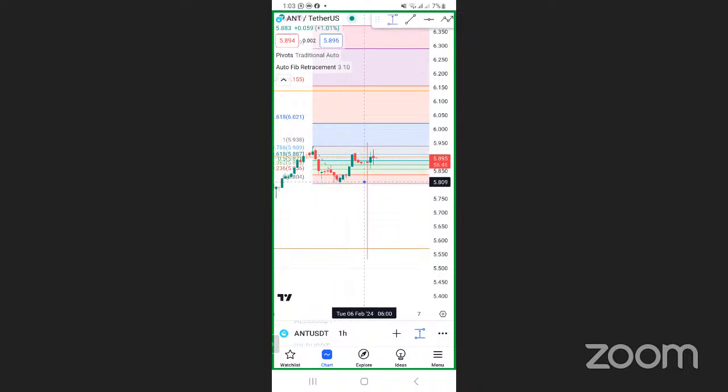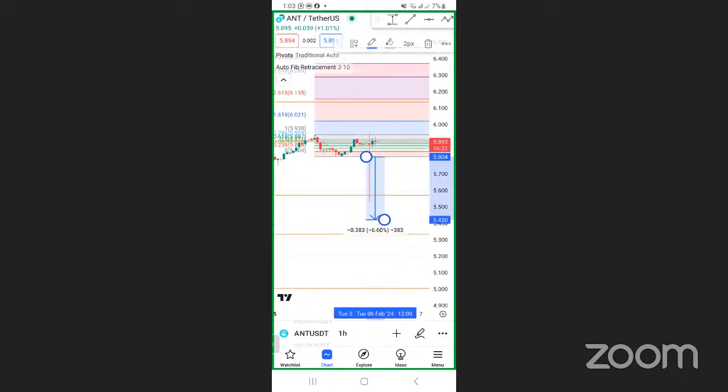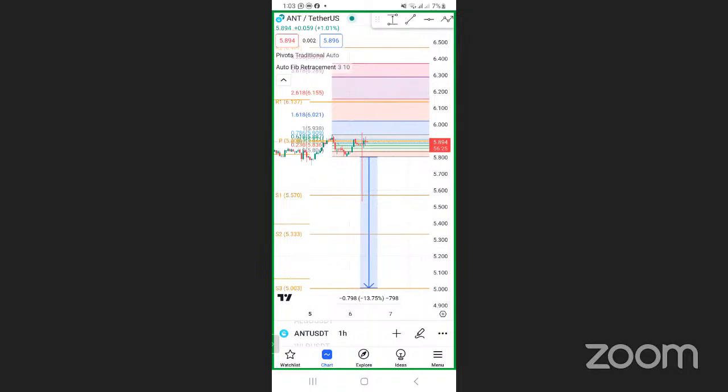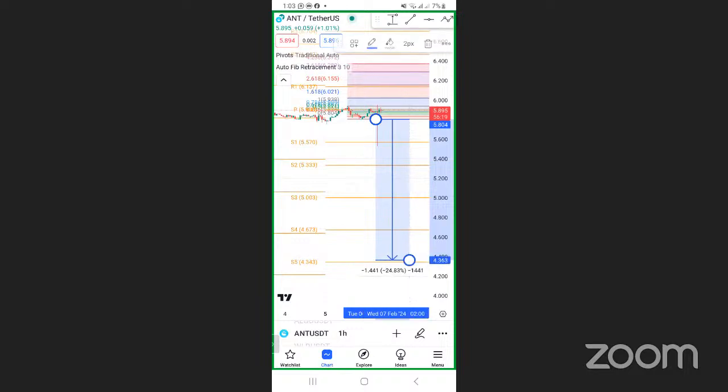Okay? Because marginal drop is like you're expecting, if the worst comes to the worst, this coin might drop up to around here, let's say it had dropped up to S5. You get it?